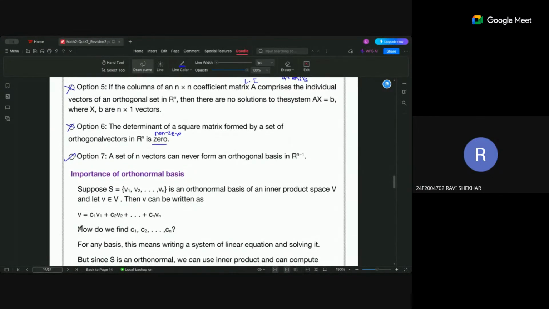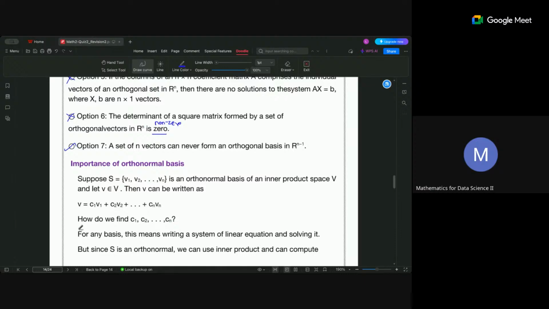So why an orthonormal basis? Suppose you have a basis like (1, 0) and some other vector, and I have some vector like (5, 11). I want to find what alpha and beta are.